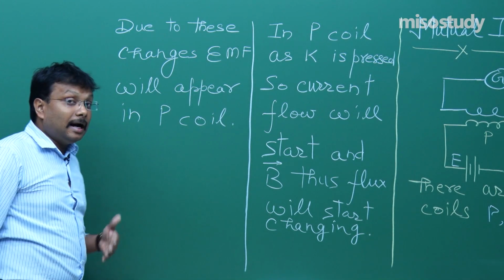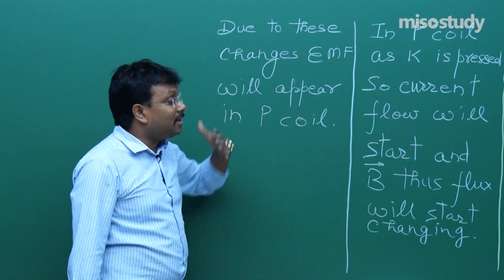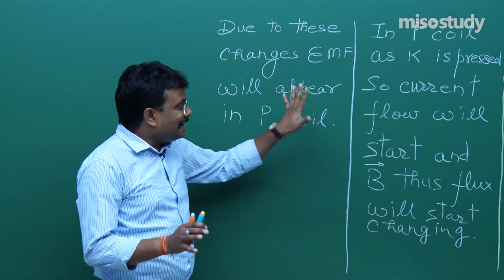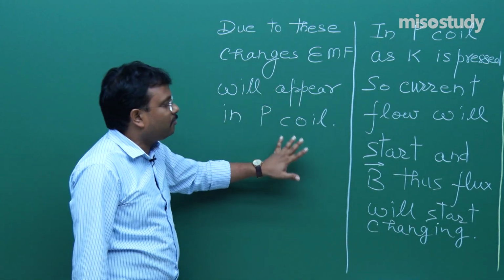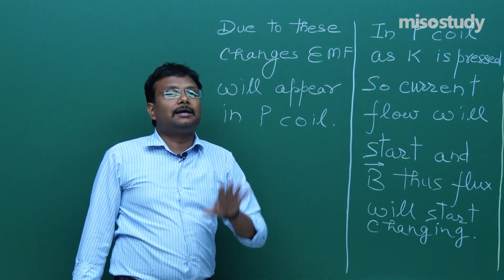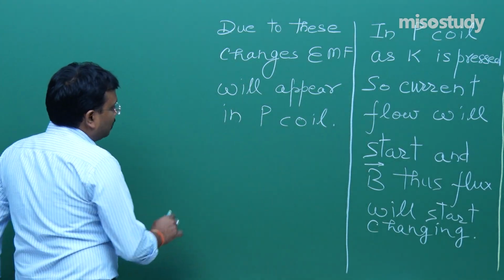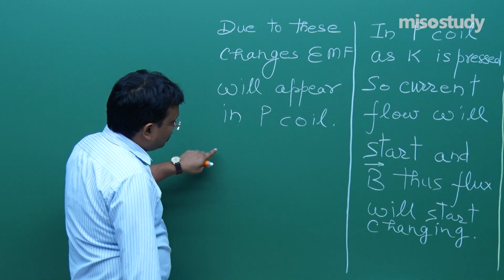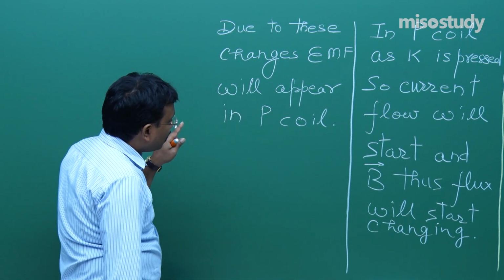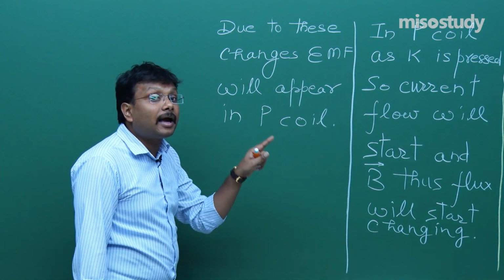And this EMF, by means of induced current, will start opposing any change in the flux in this primary coil. Till now, whatever I am explaining is happening with the primary coil. I have not yet started telling anything about the secondary coil. Then, because of these changes, a flux building process will also start in the secondary coil.